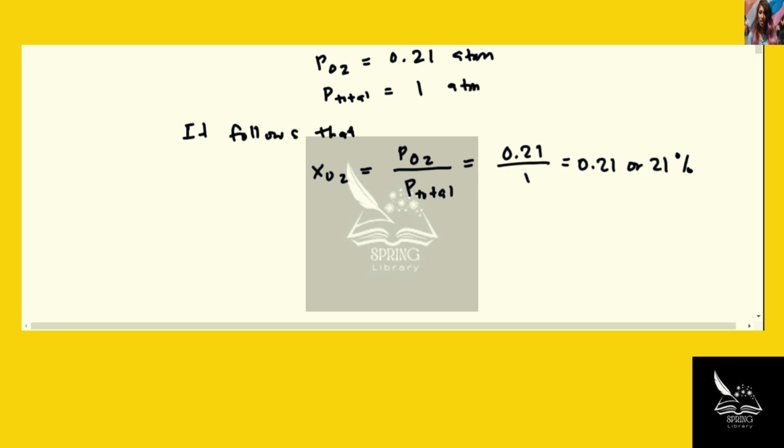So now we want to find the mole percent of oxygen if the total pressure is equal to 8.38 atm, which is the total pressure at a certain depth of 250 feet from the surface.